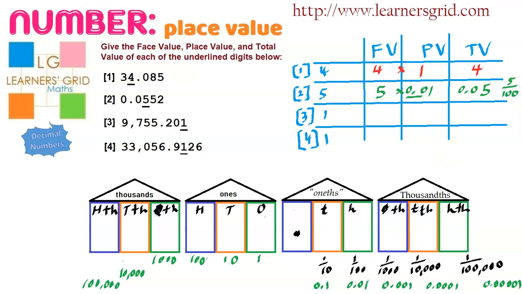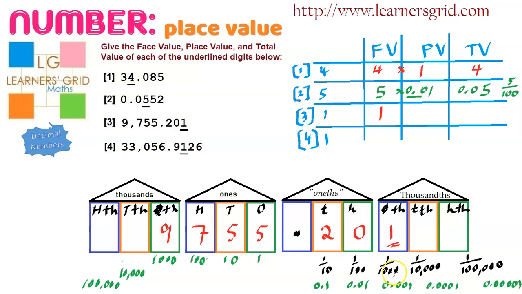Number 3. Let's put the digits in: 5, 5, 7, 9. I do it that way so that everything goes in the correct place value. Then I start from the decimal point again and work my way down. So 2, 0, 1. We're only interested in this digit, and its face value is 1.